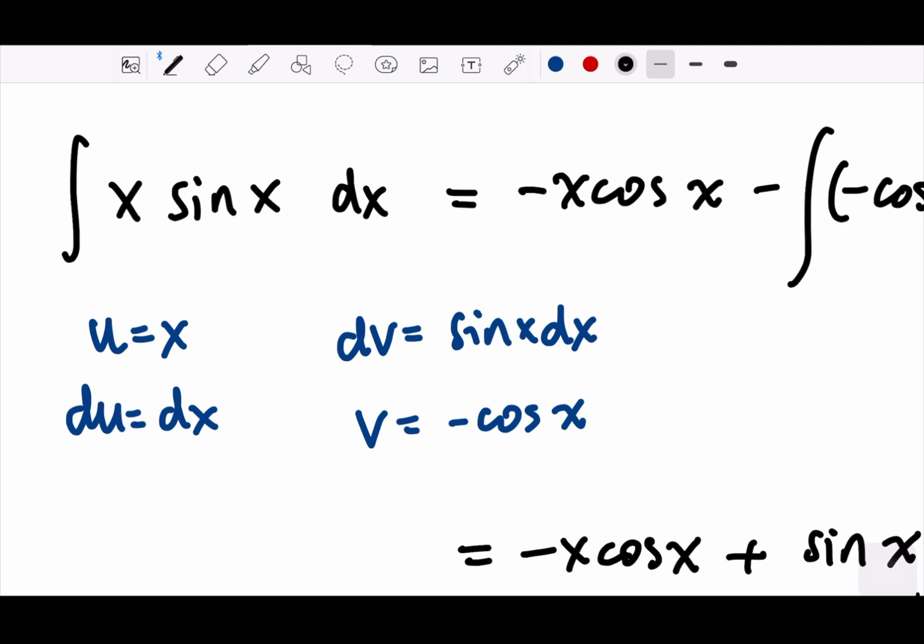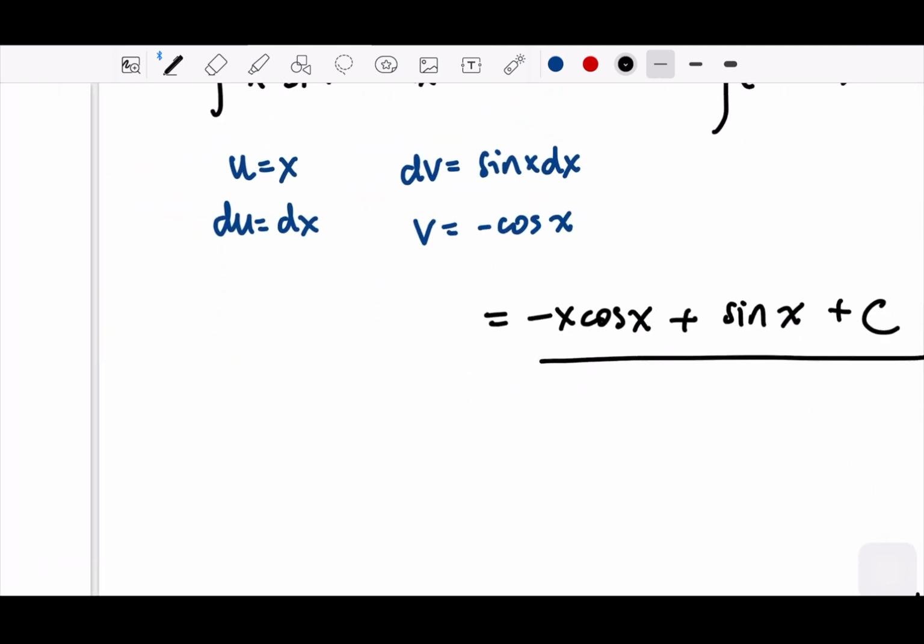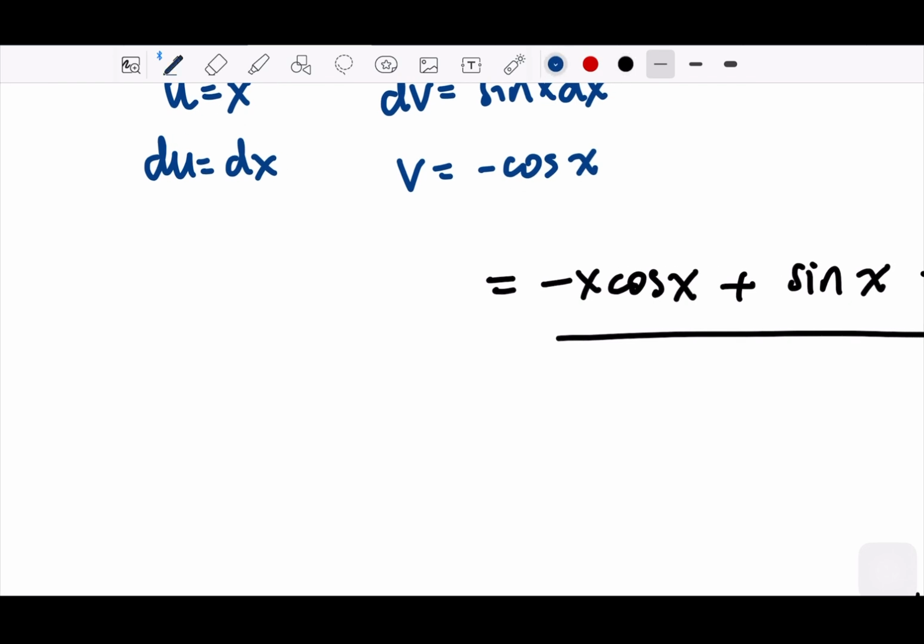Now I will give you my tips on how to make integration by parts more efficient. Let me write here. We take the integral of u dv equals uv minus the integral of v du.